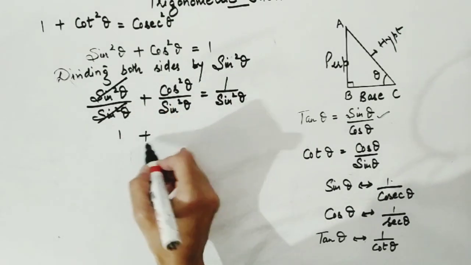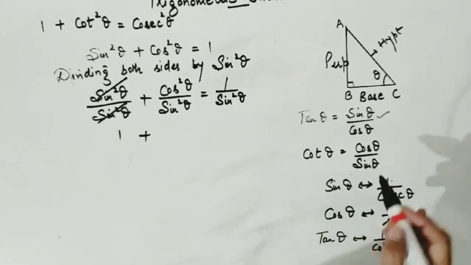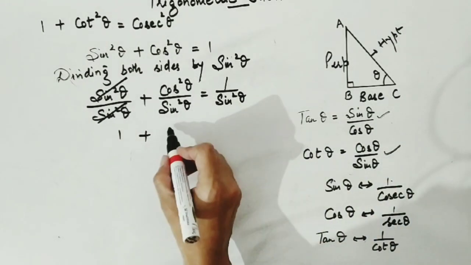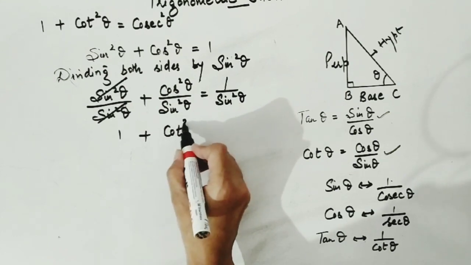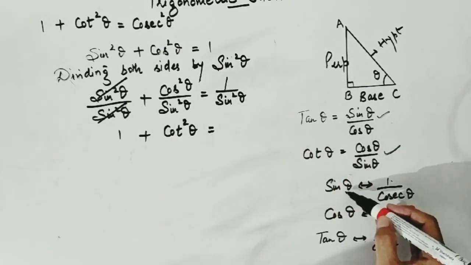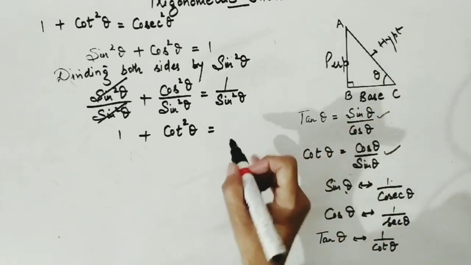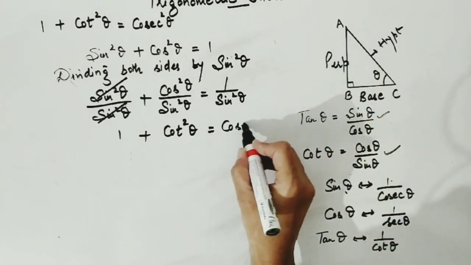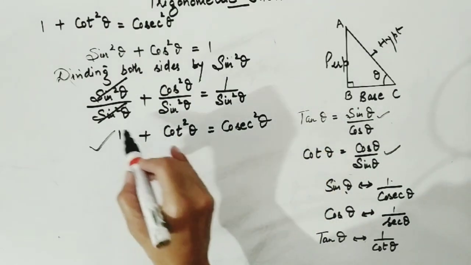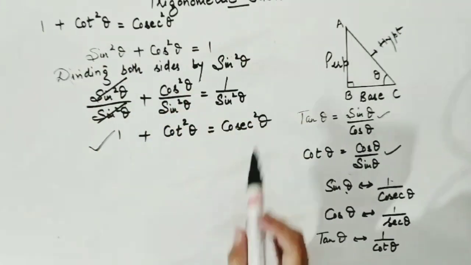This gives you 1. Cos by sine is cot. Since it's in square, this would be cot square theta. 1 by sine, the reciprocal of sine, is cosec, and that's it. So that's how even our third identity is proved.